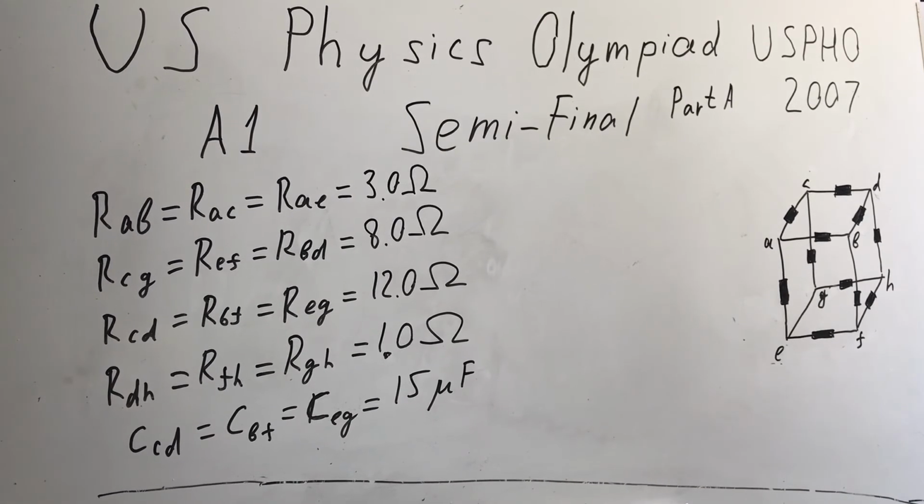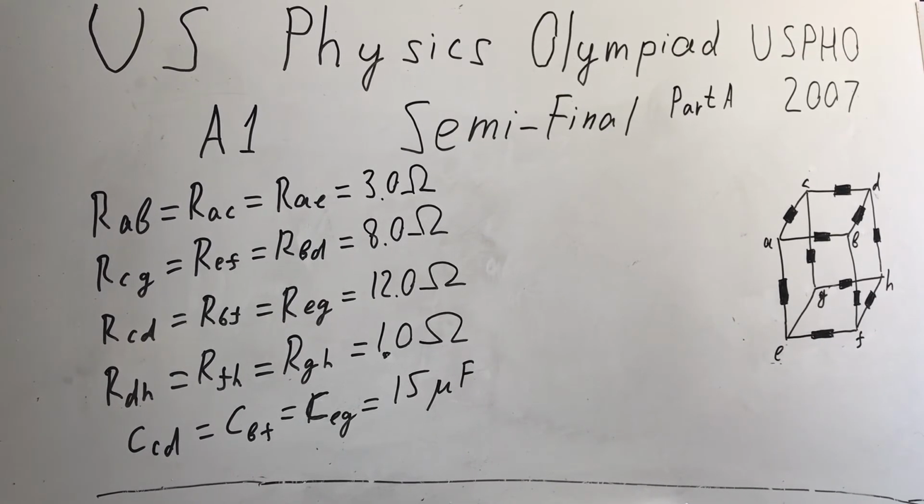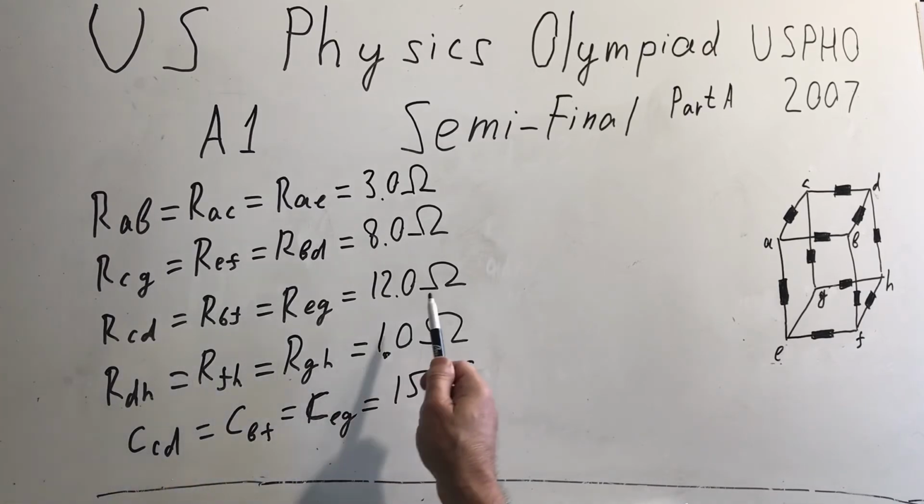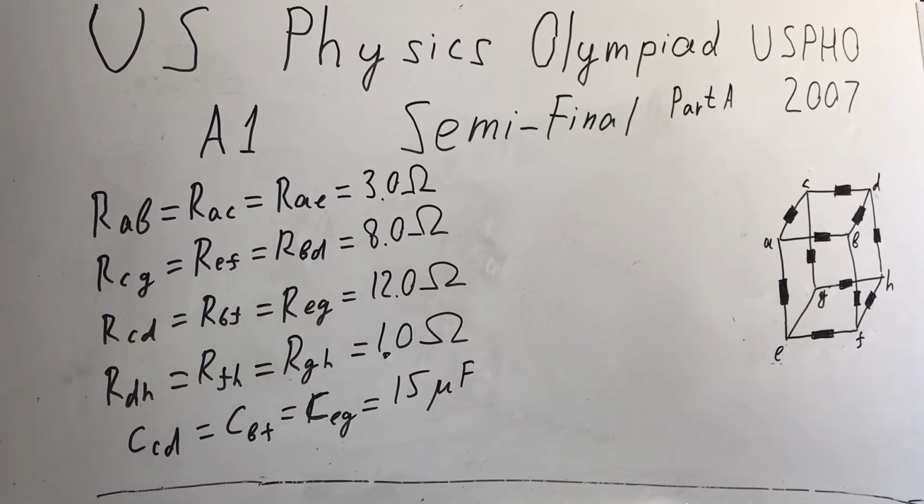Same problem A1, but the next question is question B. Now we have the same setup, but instead of these 3 resistors with resistance 12 ohm, we put capacitors with the same capacitance 15 microfarad.